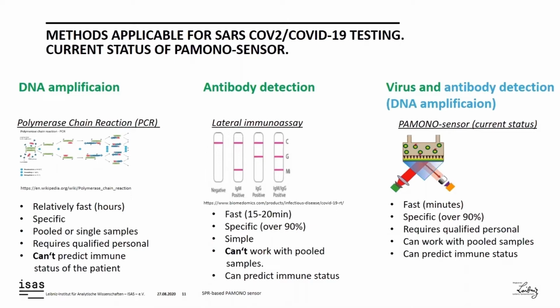The next type of methods are lateral immunoassays. They help to detect antibodies against the virus in patient samples. Indeed, they are simple and relatively fast. However, they cannot work with pooled samples.